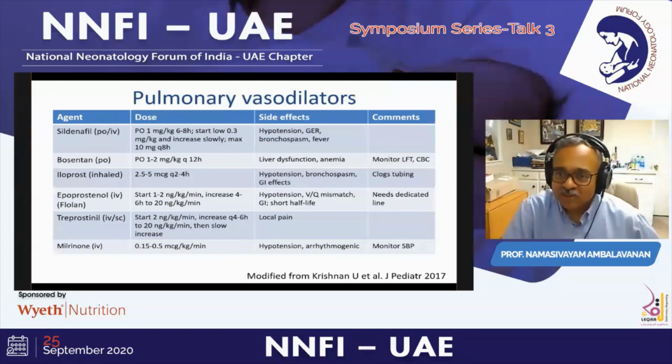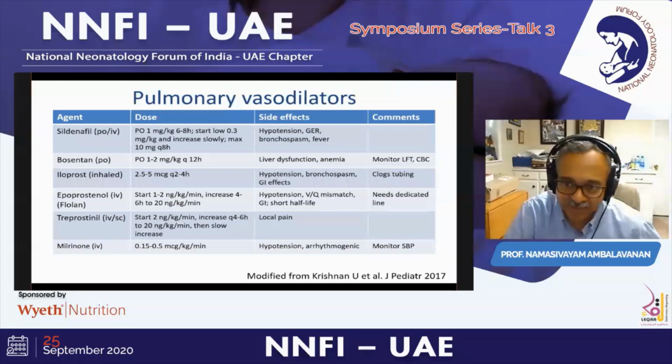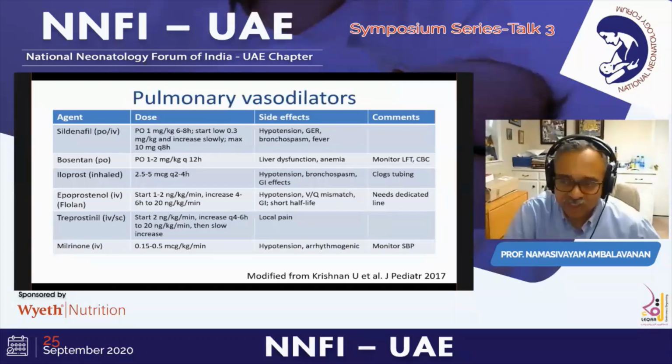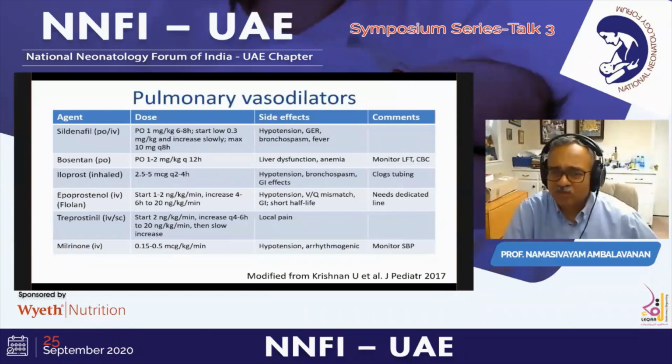The pulmonary vasodilators that are commonly used: sildenafil, we usually start at a lower dose and increase slowly. And generally, we max out at 10 milligrams every 8 hours. That is not more than 30 milligrams a day, regardless of the weight of the infant. There are known side effects, but fortunately, they are quite rare in this population, especially for the larger BPD infants. Bosentan is a drug which is quite toxic.